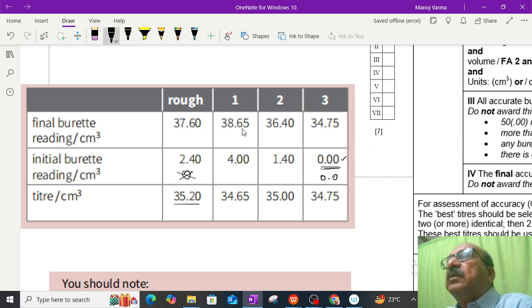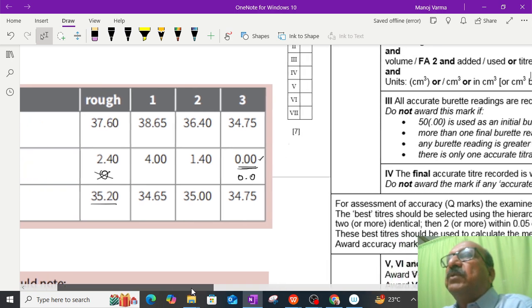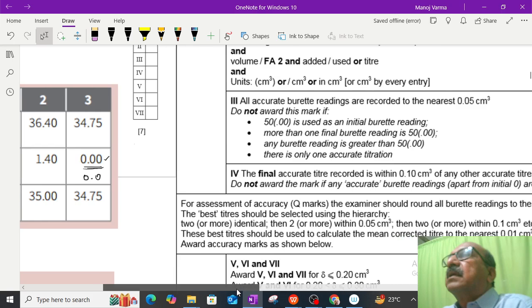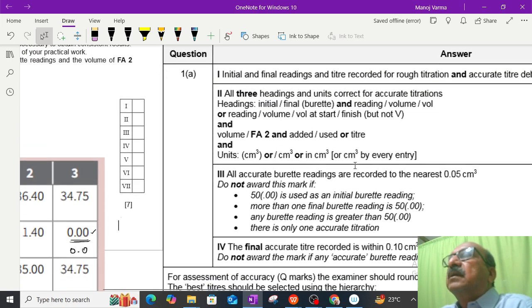But the accuracy should be 0.05. So either you will write 38.65 or 38.60 or 38.70. This is the way you have to write.